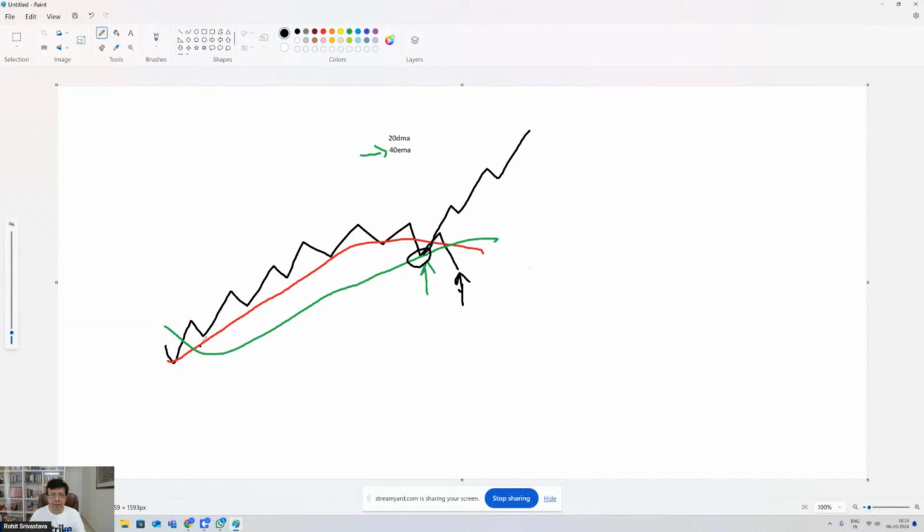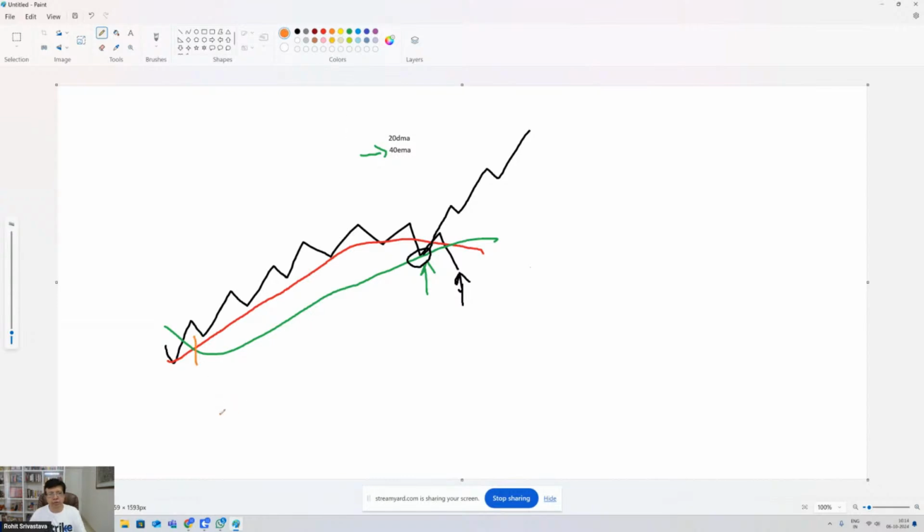The second thing with the moving average crossovers is that it also gives you a sign of trend reversal. So say for example, when the green line goes below the red line, which is over here, okay, these are also interesting indications of trend reversal.